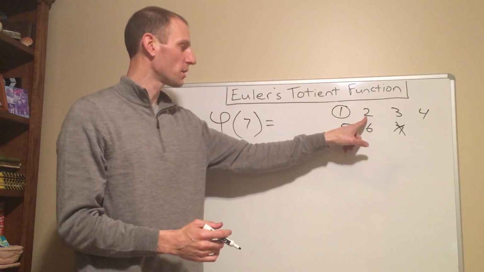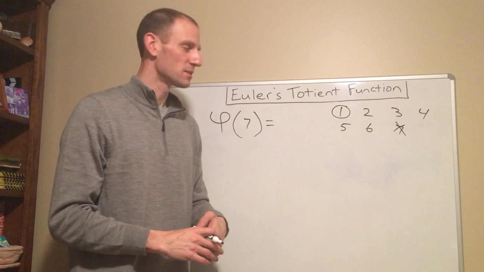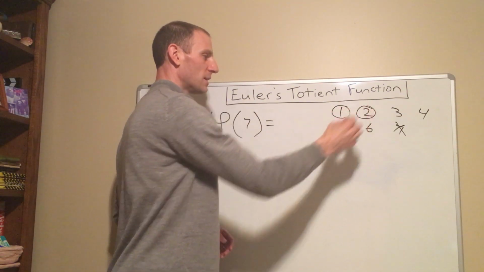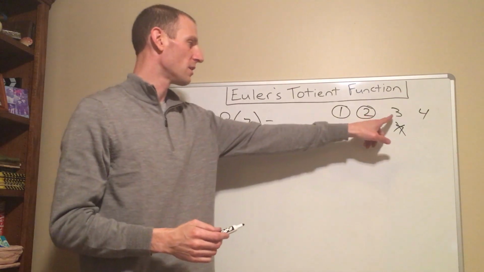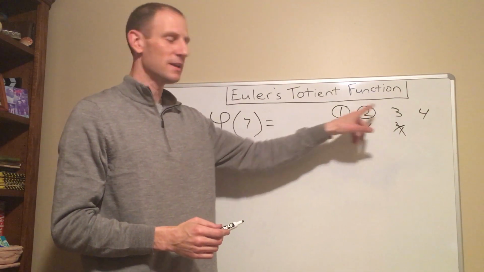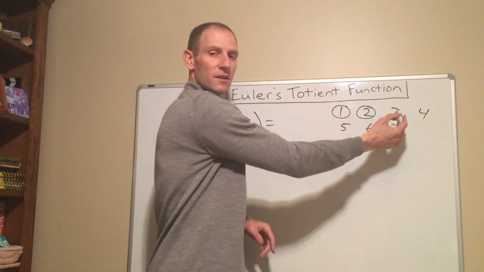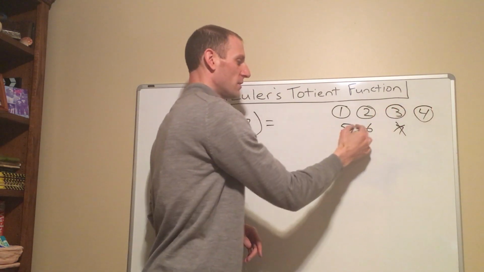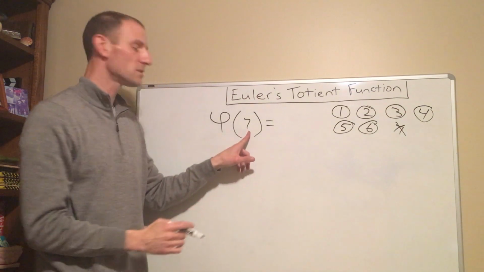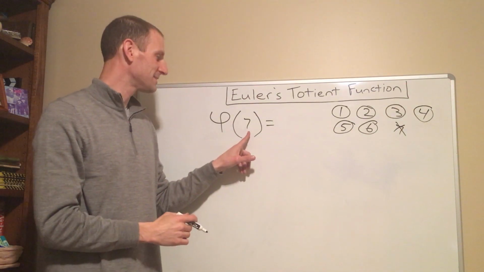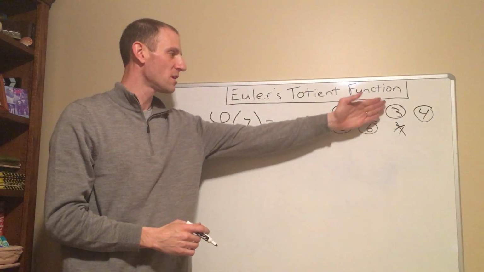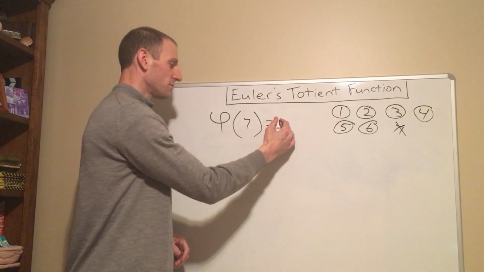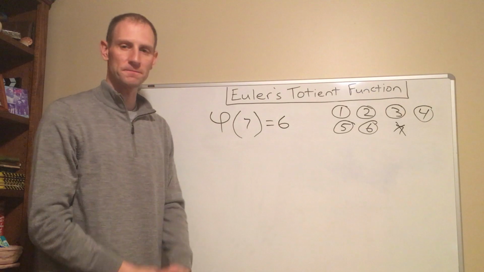Well, 1 goes into both of them, but that doesn't count. That's the only number that is a factor of both, so that would get circled. How about 3? Do any numbers go into 3 and 7? No, so they're co-prime. And the same thing is true for 4, 5, and 6. Since this is a prime number, it does not share any factors with the rest of the numbers on the list. So Euler's totient function of 7 equals 6.